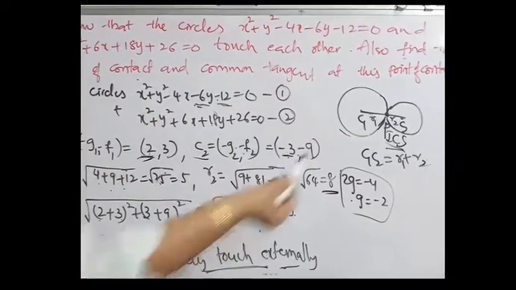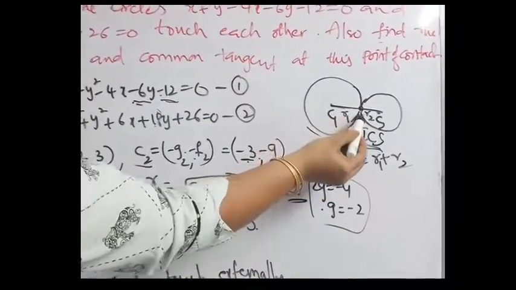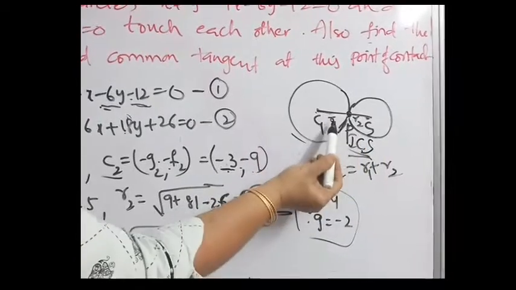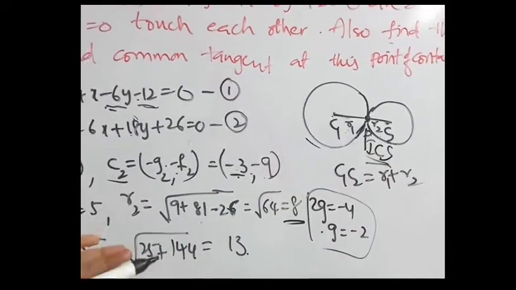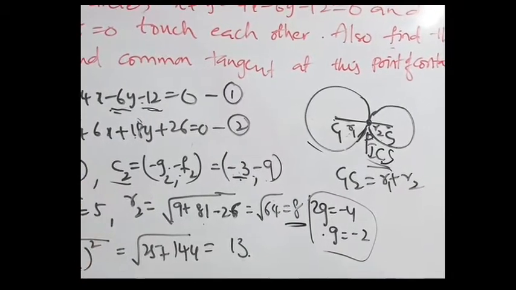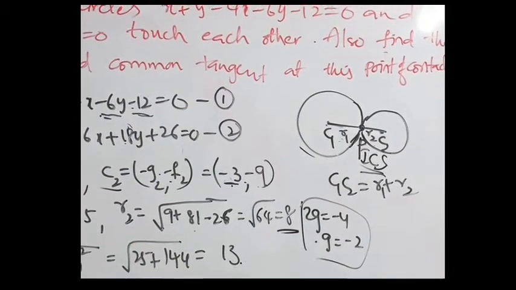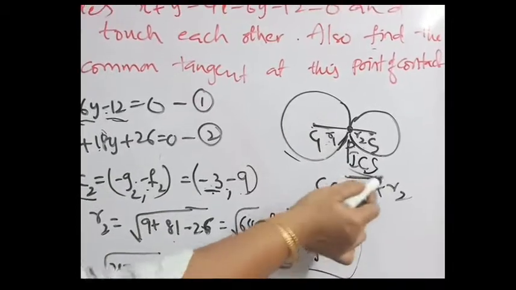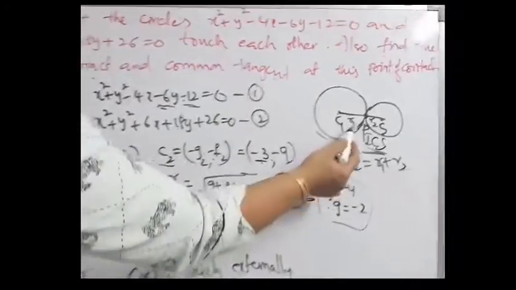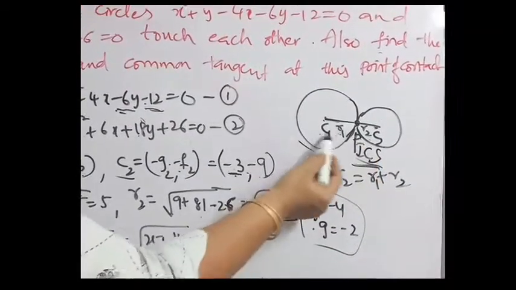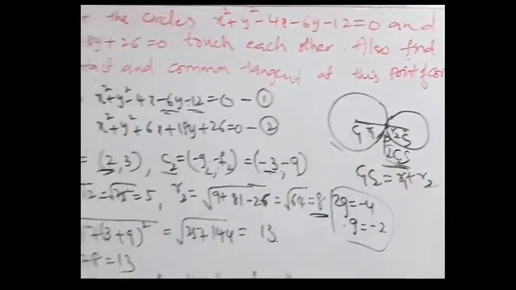What is the formula for the internal center of similitude? P divides C1C2 in the ratio R1 is to R2. We know the section formula, mx2 plus nx1 by m plus n. In the same way, to find the internal center of similitude, we use the section formula where m, n are R1 and R2 and the points are the two centers.